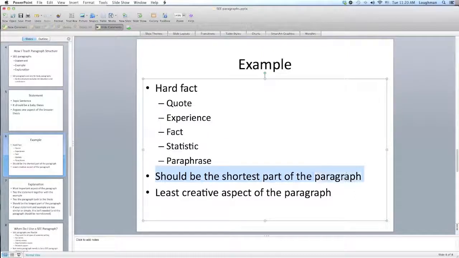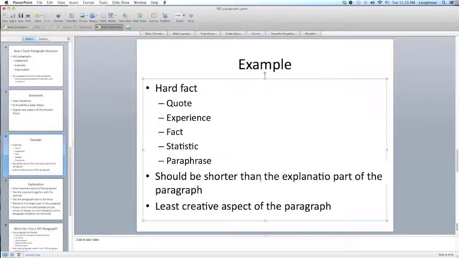And I guess that's not true compared to the explanation. But the example will be longer than the statement. So maybe it should say it should be shorter than the explanation.